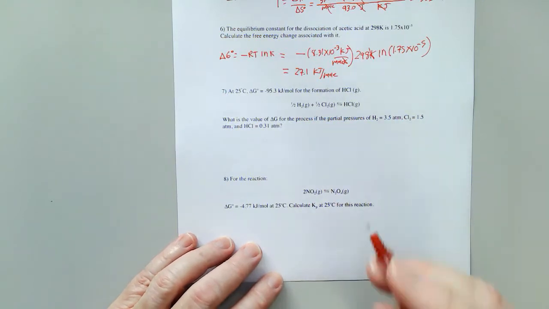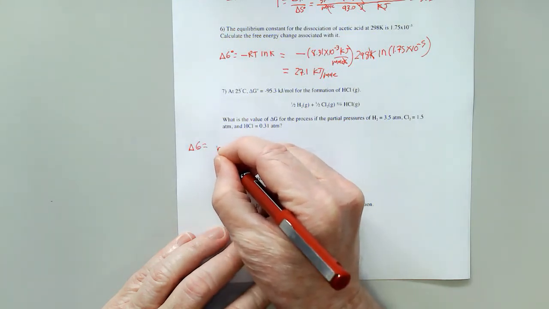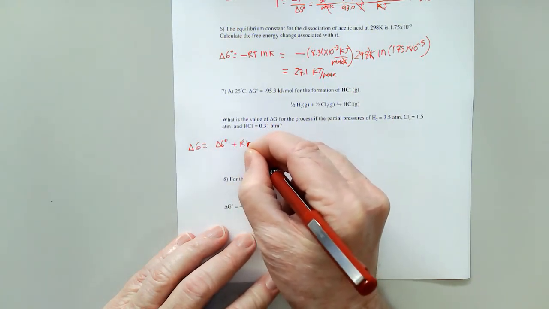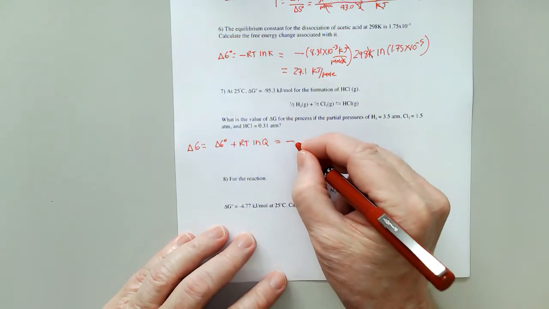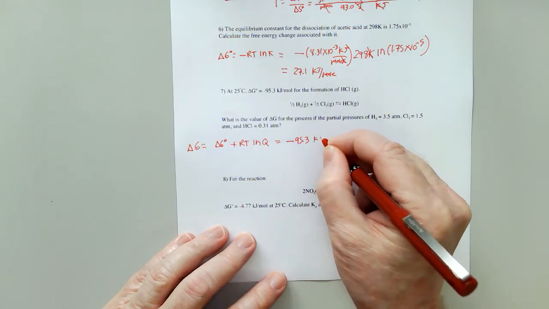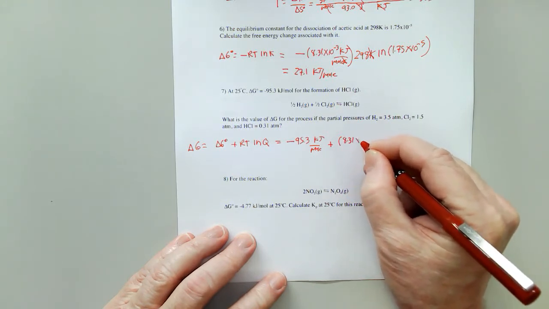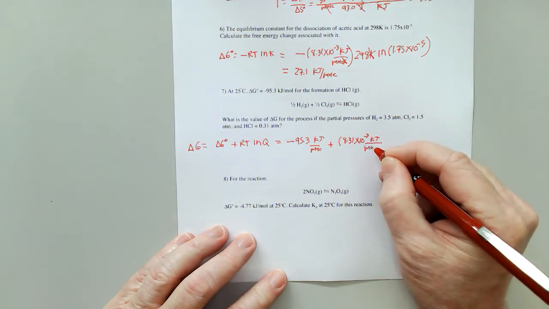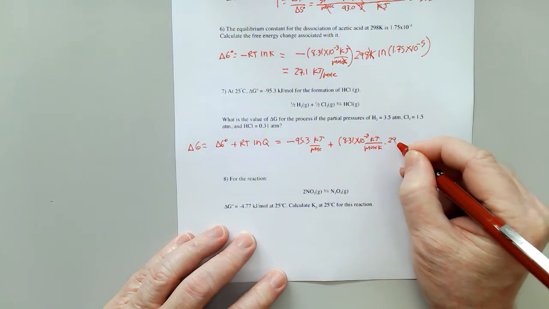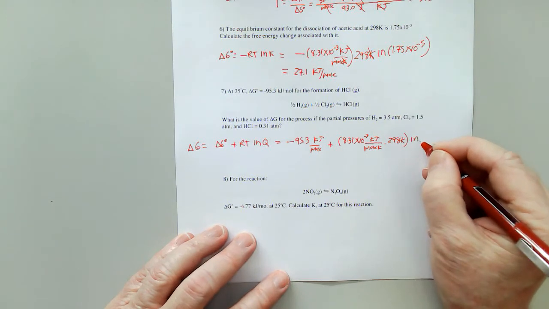Okay, that's a question about changing between delta G naught and delta G. Delta G equals delta G naught plus RT ln Q, which is the reaction quotient, which equals, my delta G naught is negative 95.3 kilojoules per mole, plus the product 8.31 times 10 to the negative third kilojoules per mole K times 298 Kelvin, says at 25 degrees Celsius, times the ln of Q.